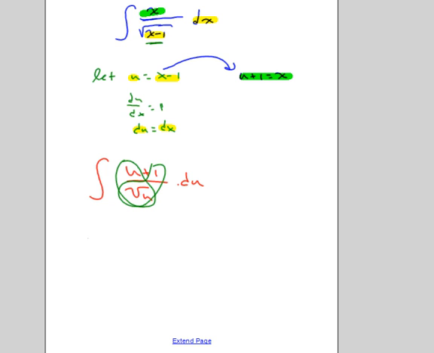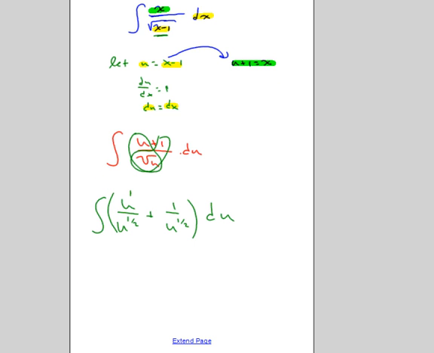So we have the integral of u over u to the 1/2, and I'm going to write u to the 1 just to make it clearer, plus 1 over u to the 1/2 du. Writing this as just powers, we have the integral of u to the 1/2 plus u to the negative 1/2 du. And now we're just going to use the power rule, or the reverse power rule.